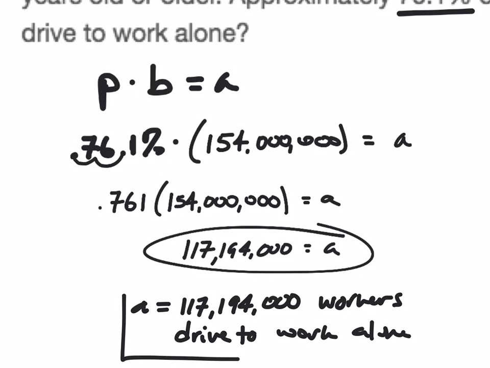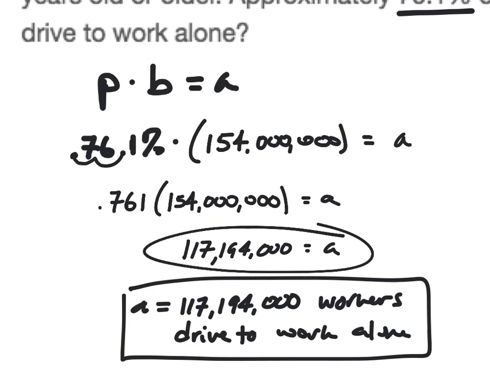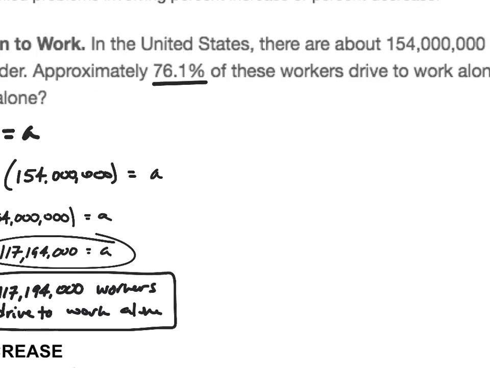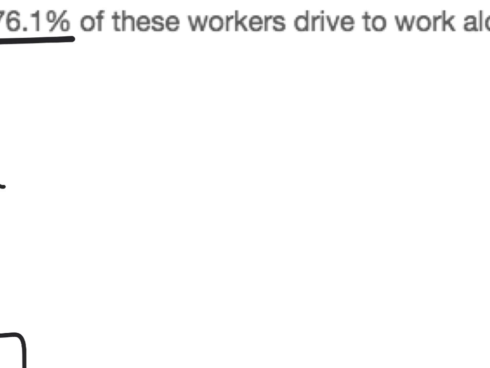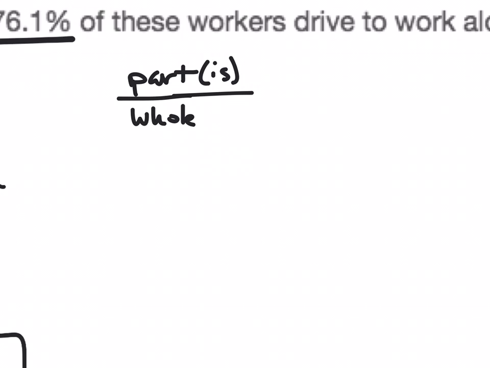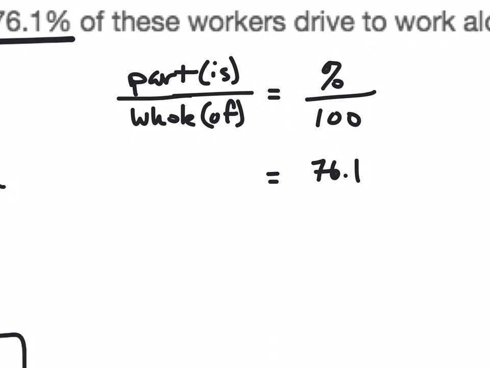All right, so I did this using the percent equation. Now I'm going to do this using my proportion. Okay, so let's do part, and that's is over the whole, which is of, and that's going to be equal to my percentage over 100. So our percentage was 76.1 over 100.